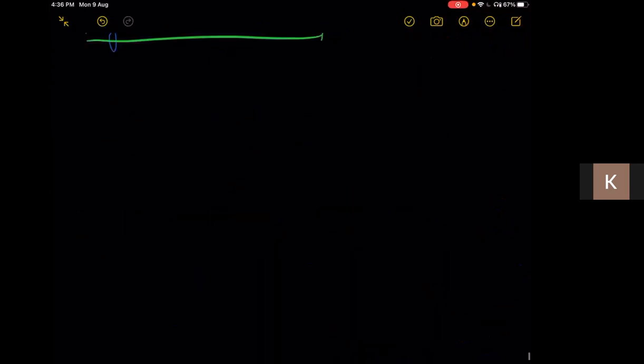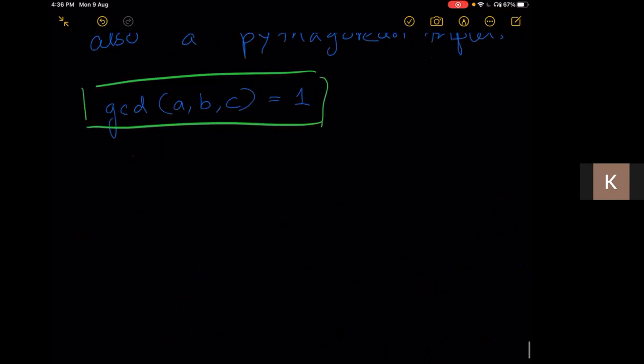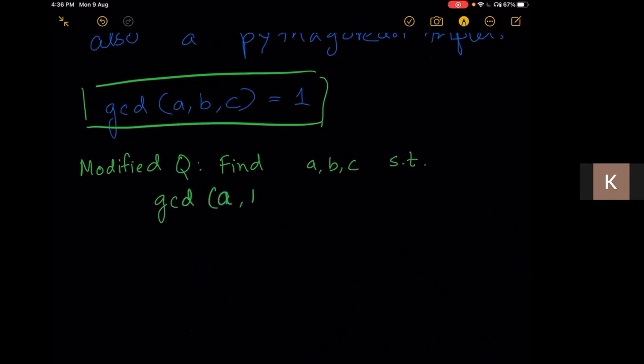So this is my modified question: find a, b, c such that the HCF is 1. This is my modified question.